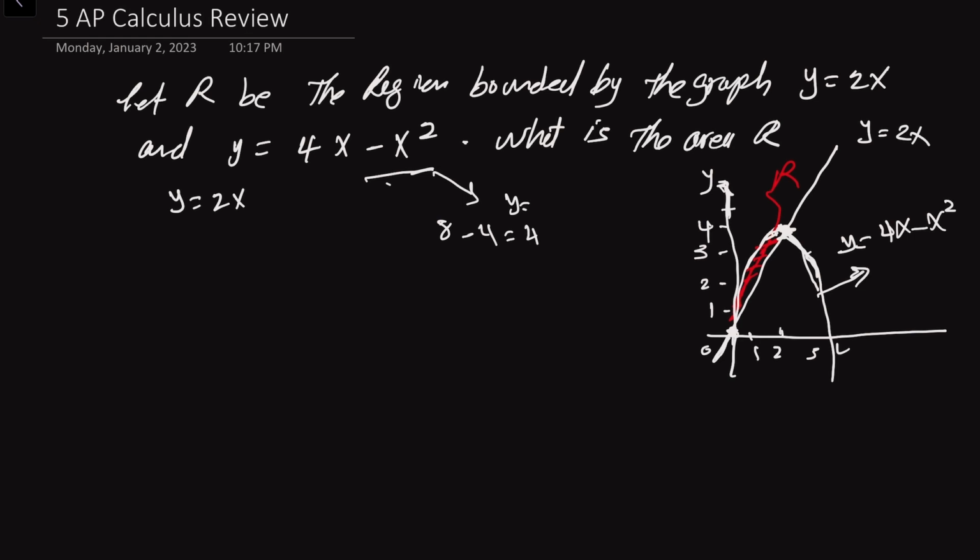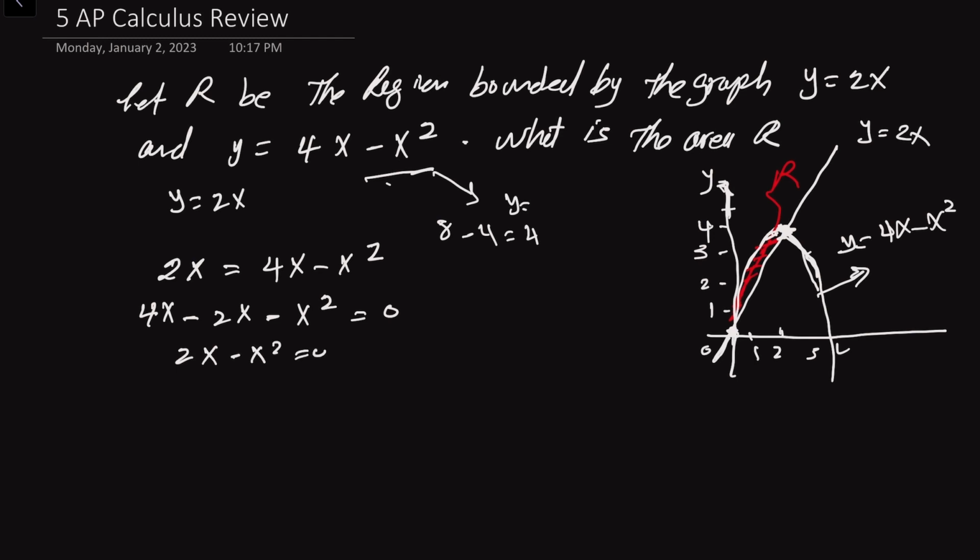So we can say 2x equals 4x minus x squared, right? Then we can just subtract 2x from both sides. So 4x minus 2x minus x squared equals 0. 4x minus 2x is 2x, minus x squared equals 0.